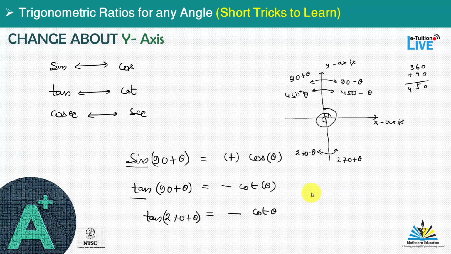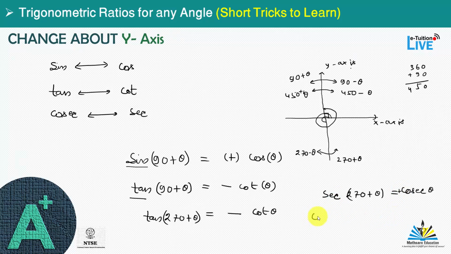Let's have another example, sec of 270 plus theta. Then sec will change into cosec theta, and 270 plus theta is in the fourth quadrant, and in the fourth quadrant cos and sec are positive, so we need to apply a positive sign here.